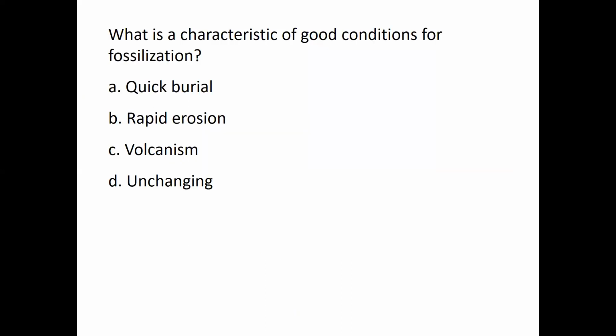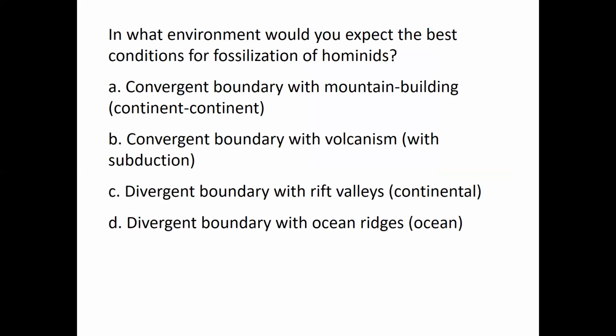So what is a characteristic of good conditions for fossilization? Quick burial, rapid erosion, volcanism, or unchanging conditions? Well, we know by now it's quick burial, right? So in what environment would you expect the best conditions for fossilization of hominids?